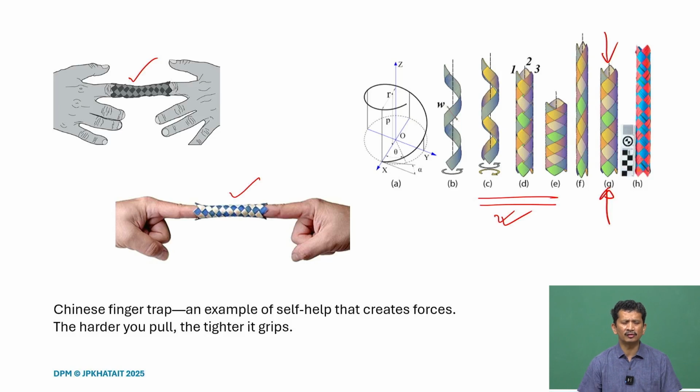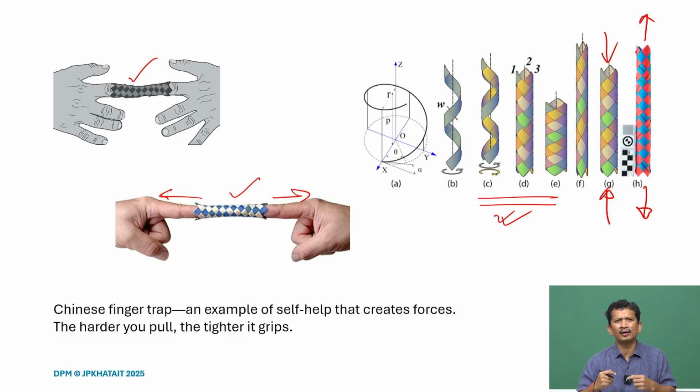So, you can insert your fingers very easily, but now when you try to take out your fingers, so try to pull, actually it contracts, and because of the friction the two ends will stick, and as you start pulling, the diameter will decrease and it will further grip the fingers.